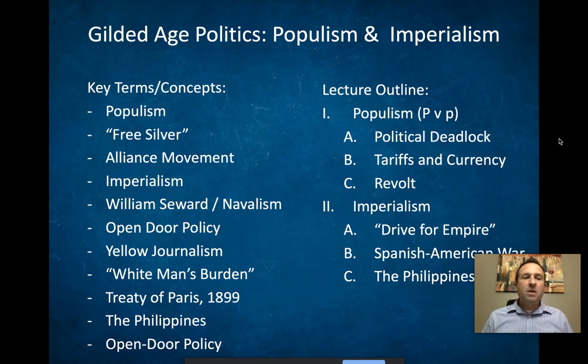You see, Manifest Destiny did not stop at the Pacific coast. In fact, the ideas of Manifest Destiny began to fuel a rising tide known as American imperialism. And America began to see itself as an expanding world power.